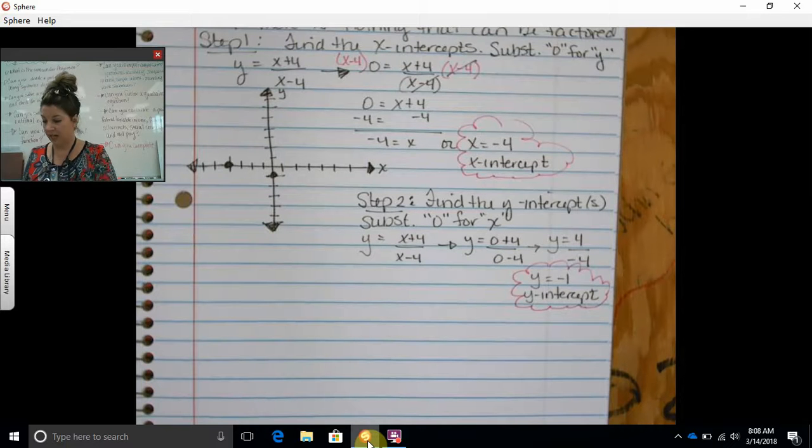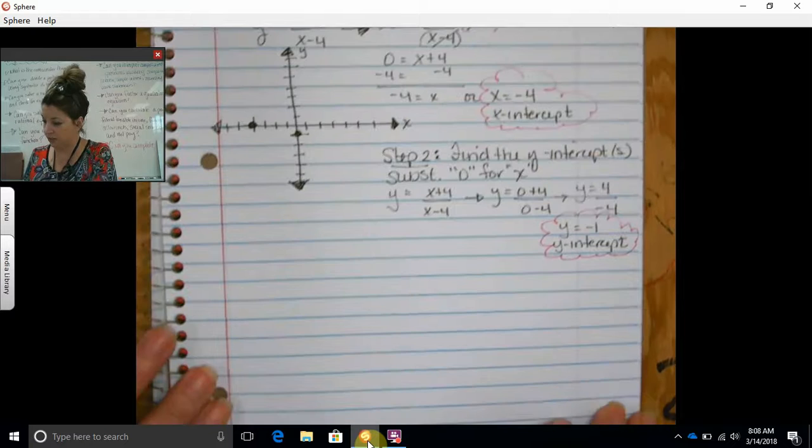Step number 3, find vertical asymptote or asymptotes.